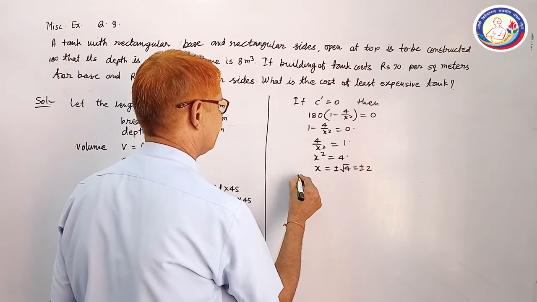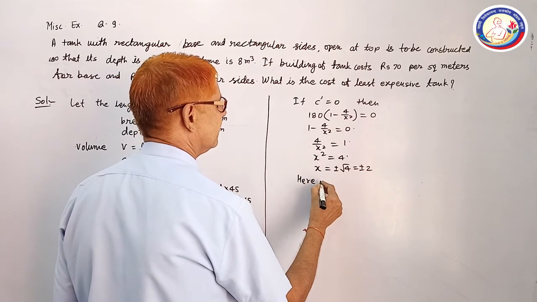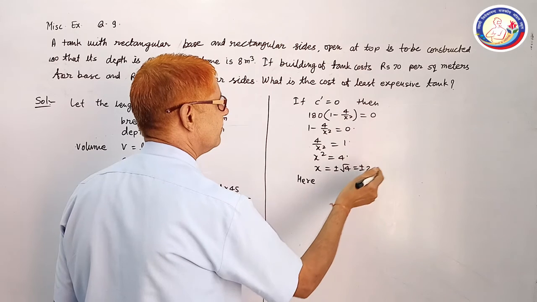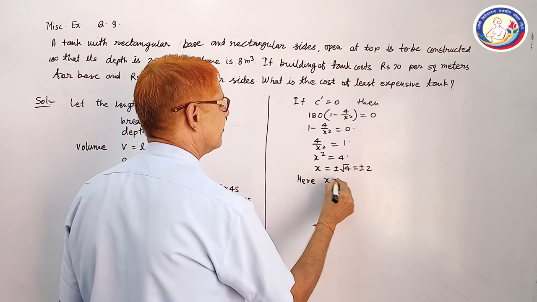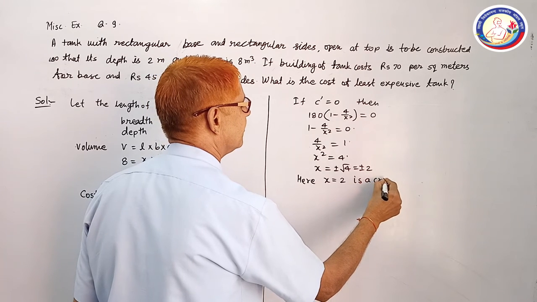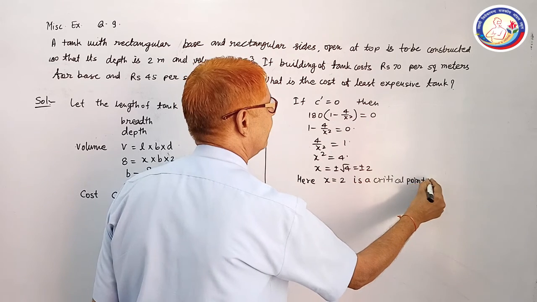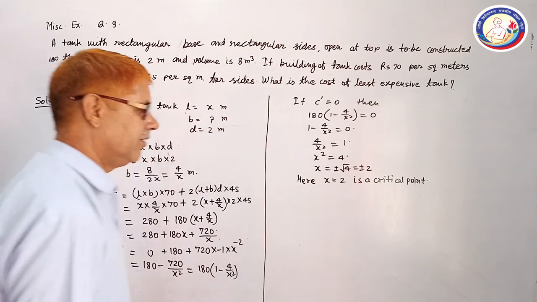So the admissible value for x is 2 only, and it is the only critical point.